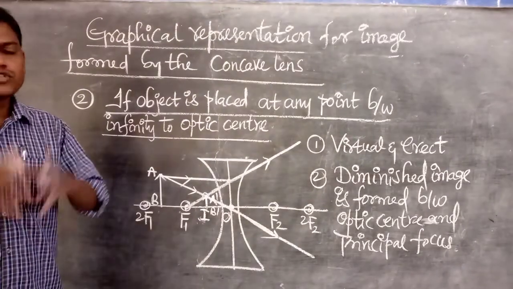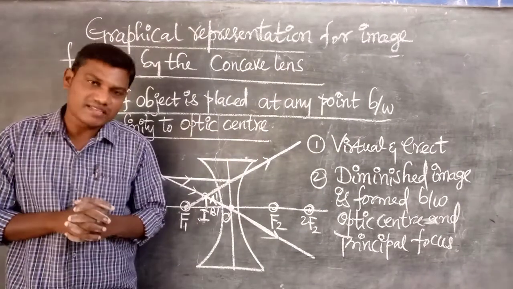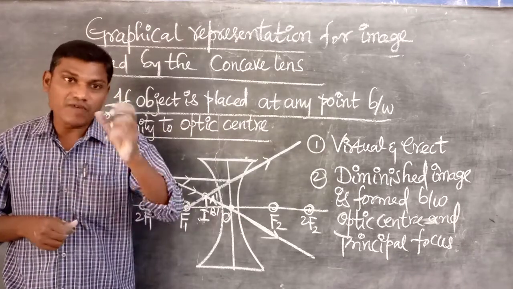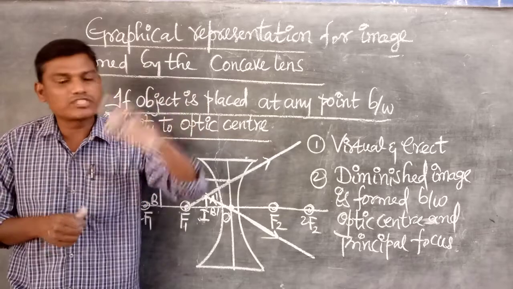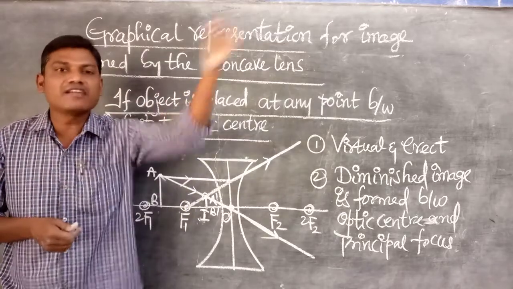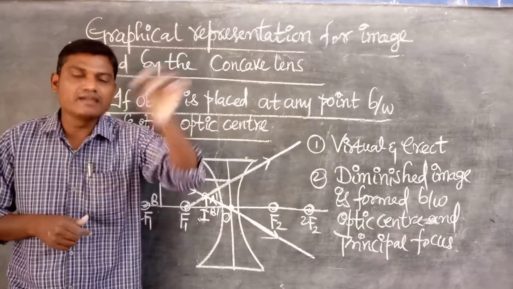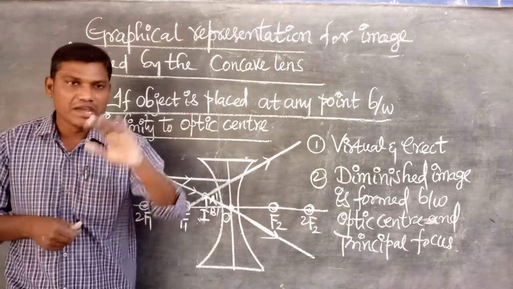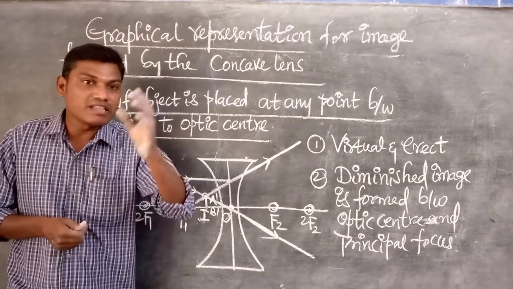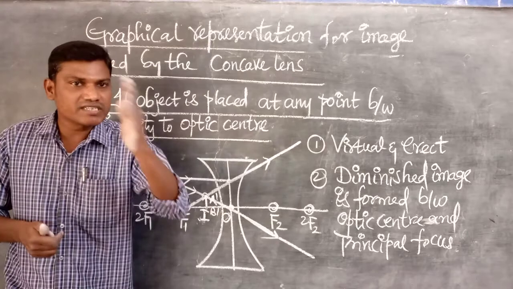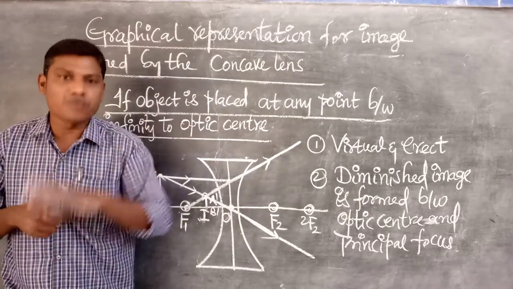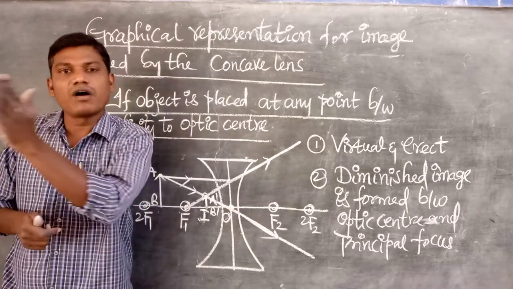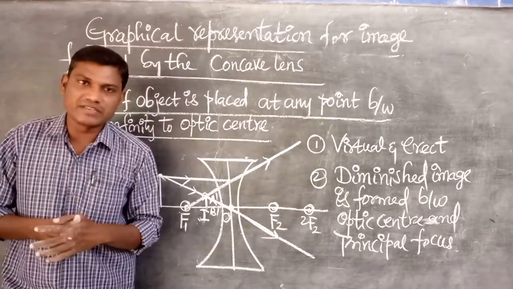From this, what you finally understand is that a convex lens forms both real and virtual images. In the first 5 situations the real image is formed, but in the last situation, when the object is placed between the optic center and the focus, the image is formed on the same side as the object, that is, the virtual image.